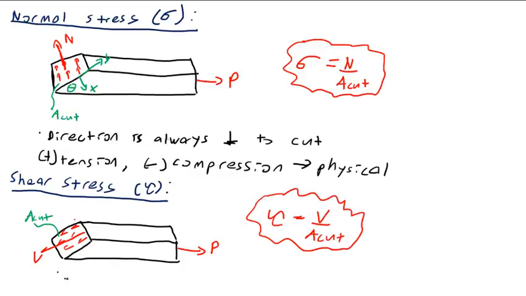Then a few notes. Direction is parallel to cut. And sign convention, rather than by physicality, sign convention and coordinate system determine positive or negative. So we just define shear in a certain direction to be positive or negative.